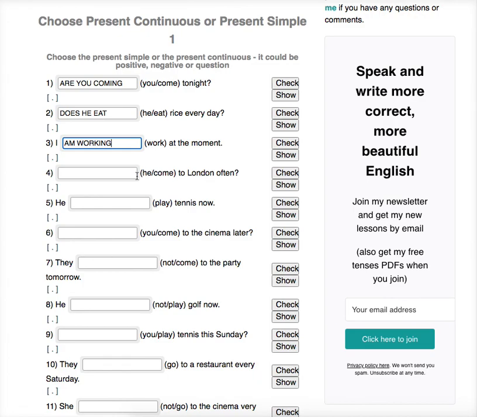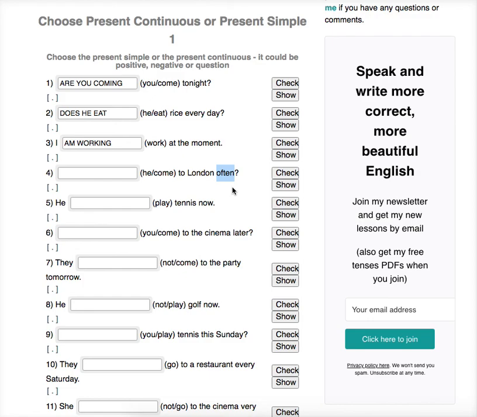So, Camilo, look at this. Once again, you have a question. And we have the subject he, we have come, and we have to London and the word often. This is the word that is going to tell you if this is continuous or simple. So, Juan Camilo, what do you think? The word often. Is this present simple or present continuous?